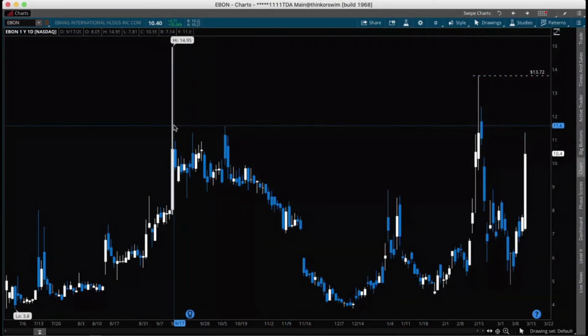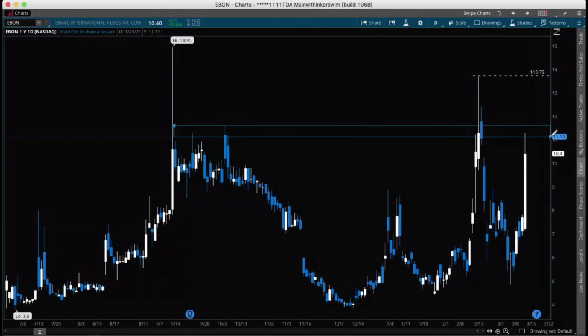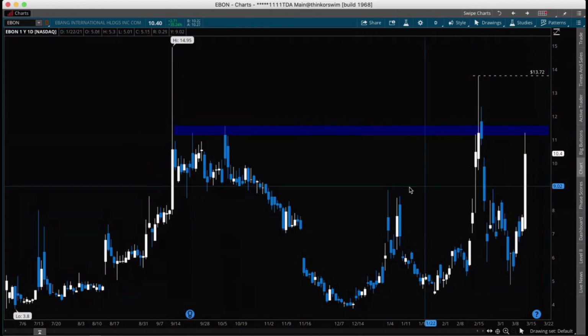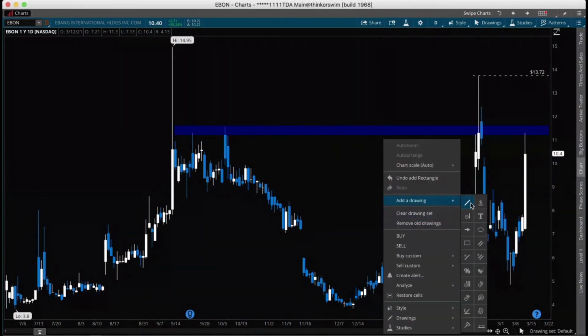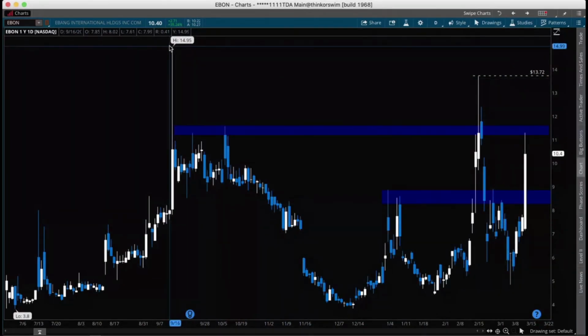I'll probably have an area established here, a nice area down here, and then obviously the highest point right here.